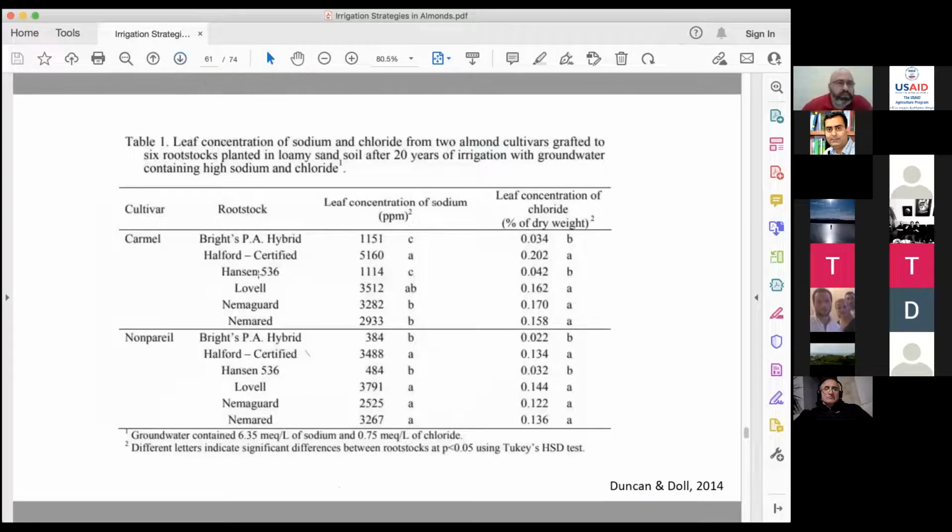So this is a scenario where it was complicated by sodium and chloride. The different rootstocks were planted with different cultivars.